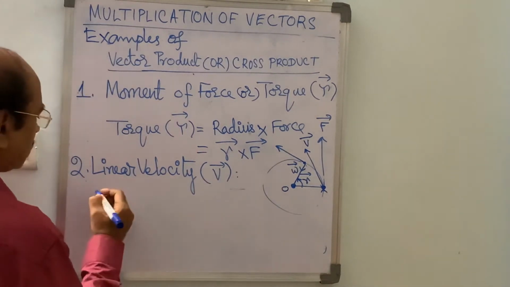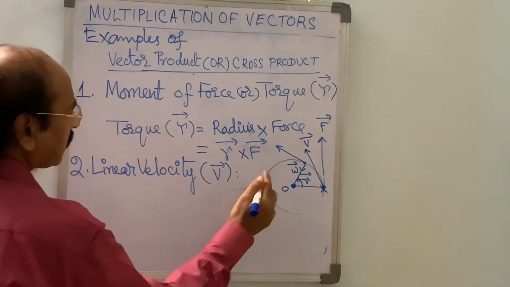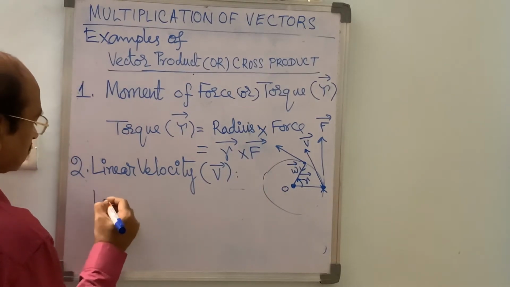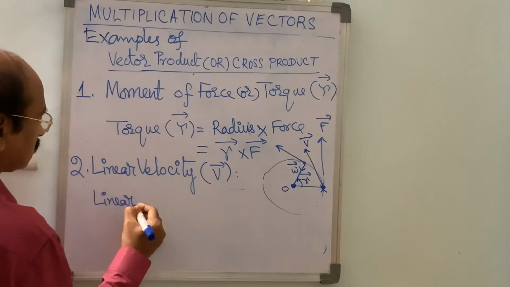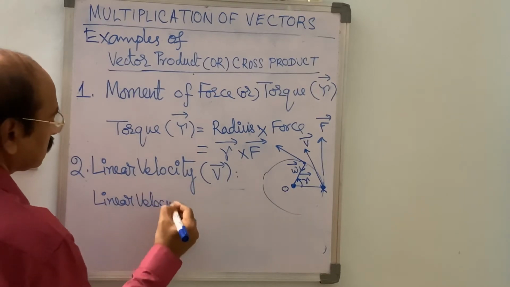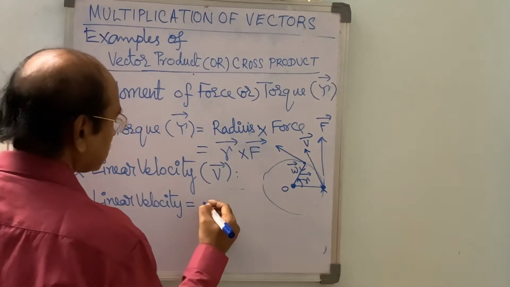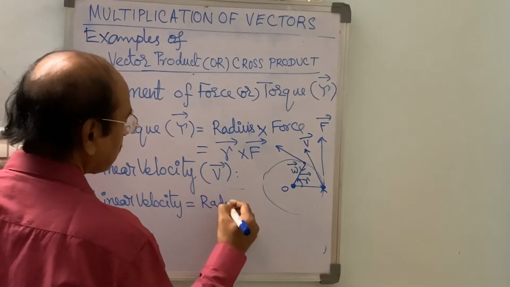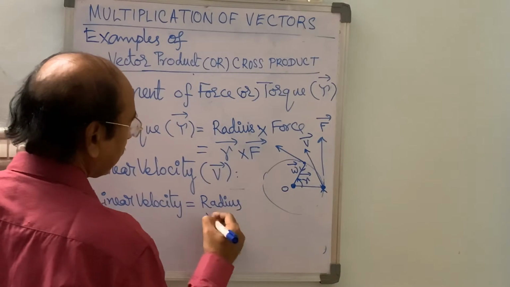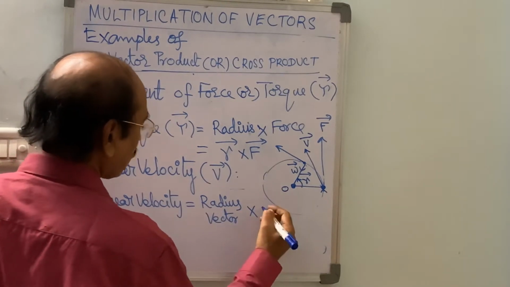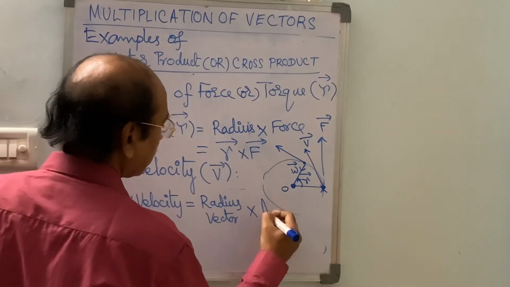Another is linear velocity. The linear velocity of the body when rotating along the circumference of the circle is obtained by the cross product of radius vector and angular velocity.